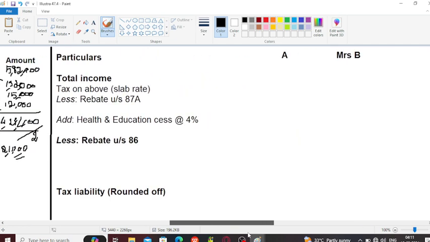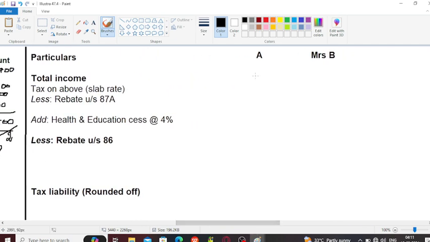Let me write here the total income: for Mr. A it is 5 lakh 10,700 and for Mrs. B it is 5 lakh 38,700.